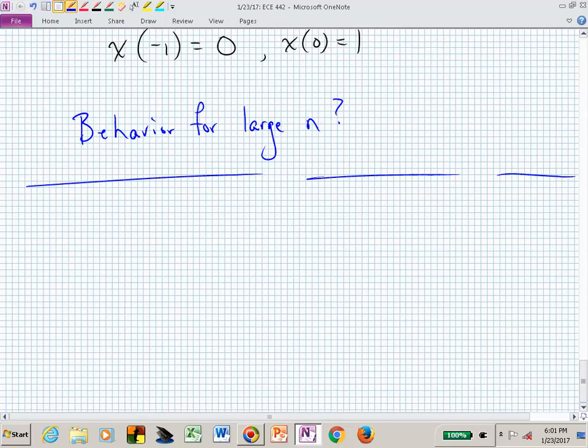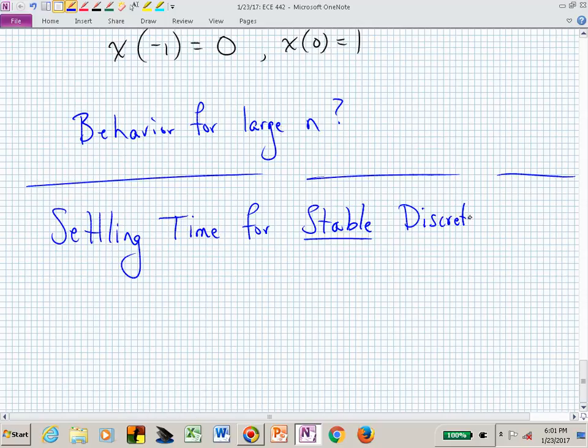As long as we're inside the unit circle, we can talk about settling time. The only time it really makes sense to talk about settling time is for stable discrete time systems.